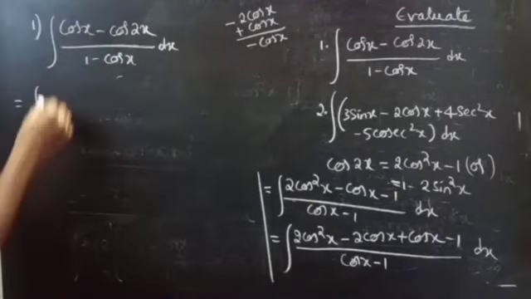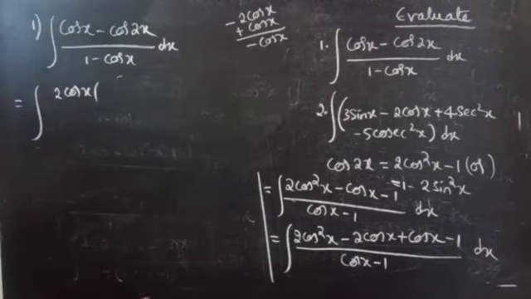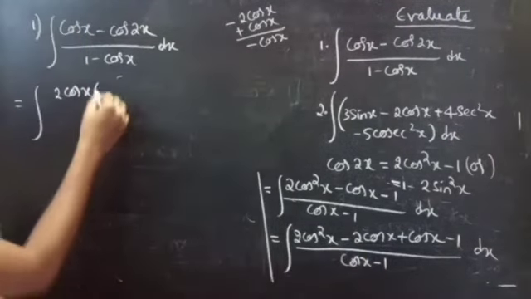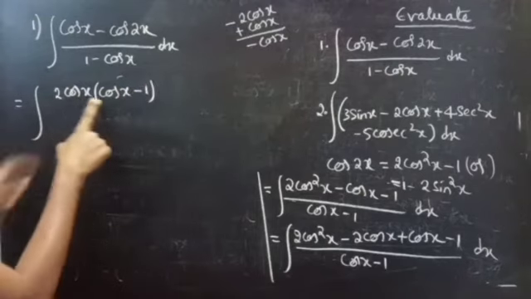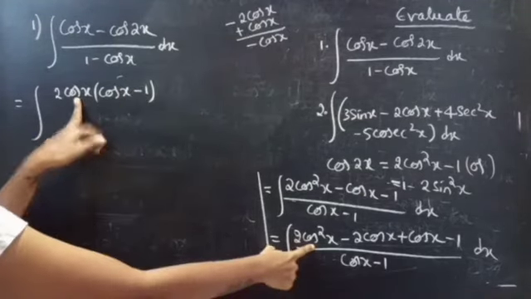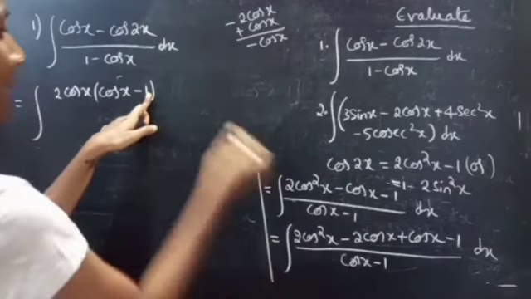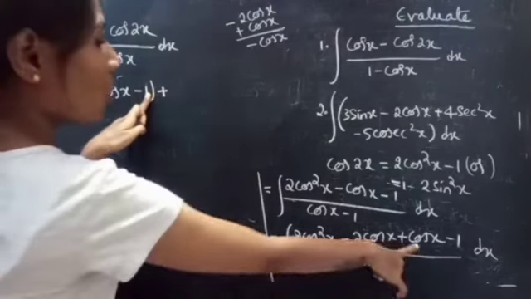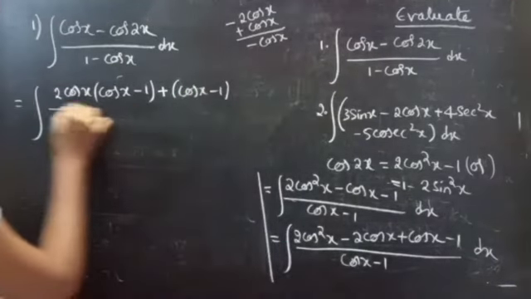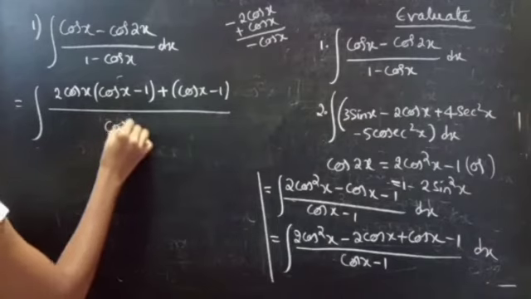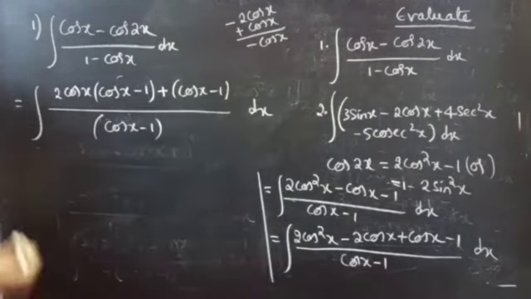So you can take 2 cos x common. If you take 2 cos x common from these two terms, you'll get cos x minus 1. 2 cos x into cos x is 2 cos square x, minus 2 cos x into 1 is 2 cos x, plus cos x minus 1, by cos x minus 1 into dx, right?